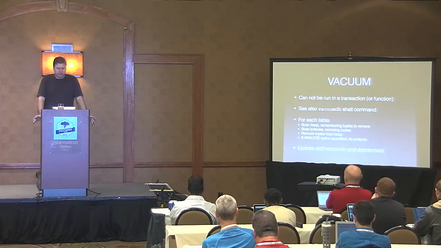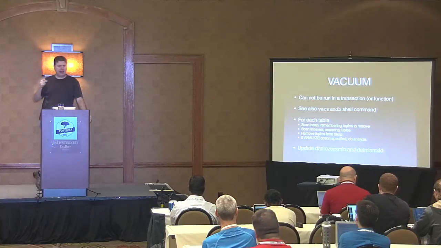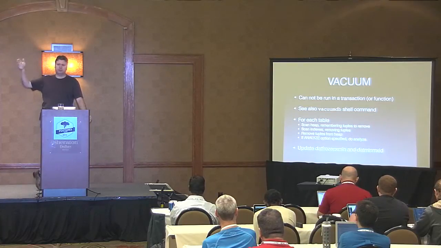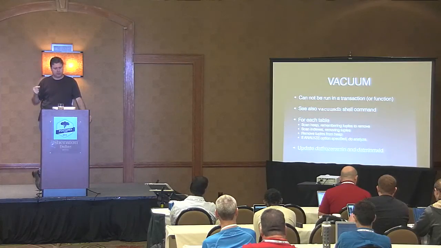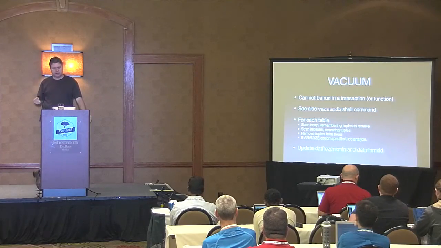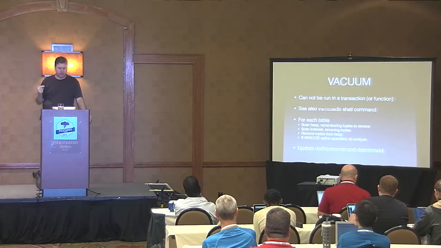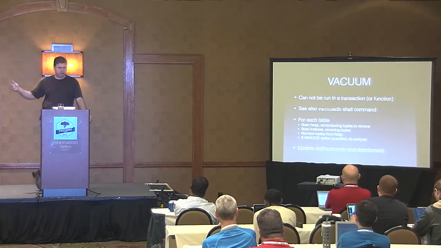What vacuum actually does is, for every table that it's told to vacuum, you can either give it a list of tables or you can say vacuum the whole database. It goes to each table, scans the heap, the table itself, remembering what tuples need to be removed. Then it scans the indexes, removing those tuples from the indexes. Once it's done with the indexes, it goes back to the table itself, removes those dead tuples, and then finally, if you specify the analyze option, it runs analyze.